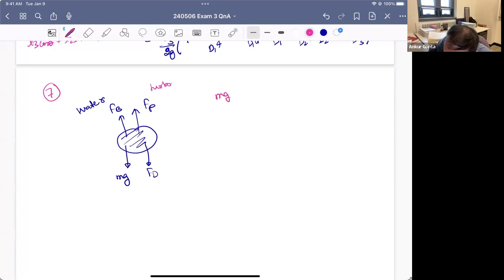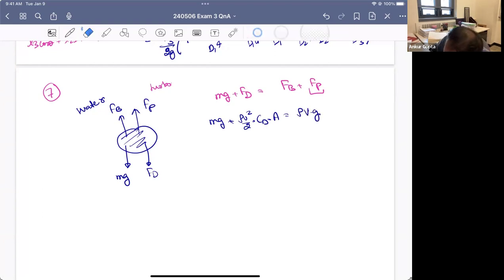So then mg plus fd is equal to fb plus f propulsion, some value given to us. Now this is for terminal velocity. I'm trying to find the maximum velocity, because that's when the forces are balanced. So mg plus rho u square by 2 times cd times area is equal to rho times v times gravity, and mg is really rho s times v times gravity, plus fp, some value given to me.